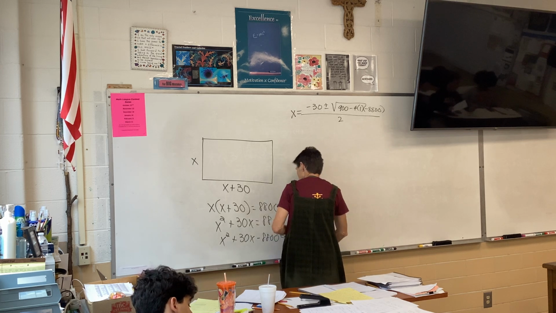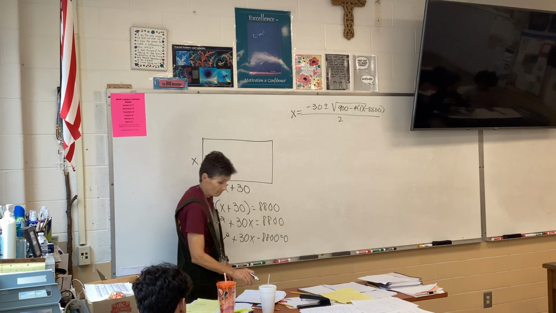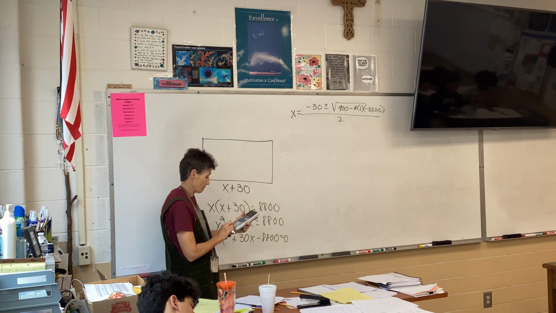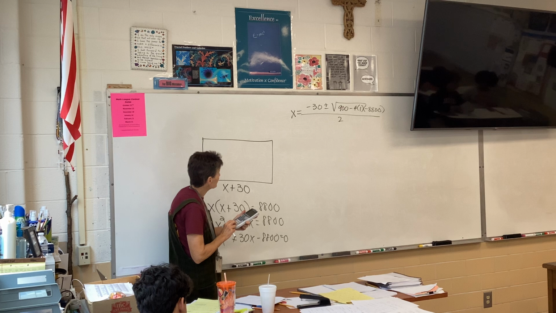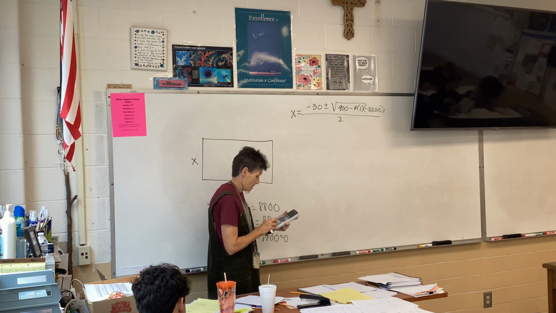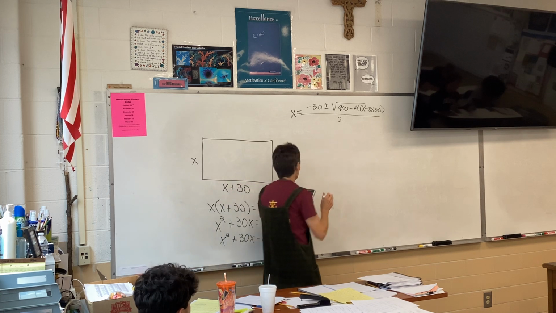Yep, all over 2A, and A is 1, so over 2. So negative 30, 900 plus 190.